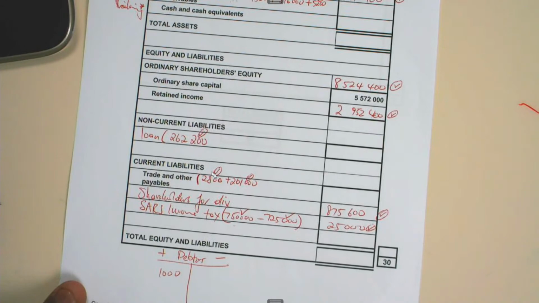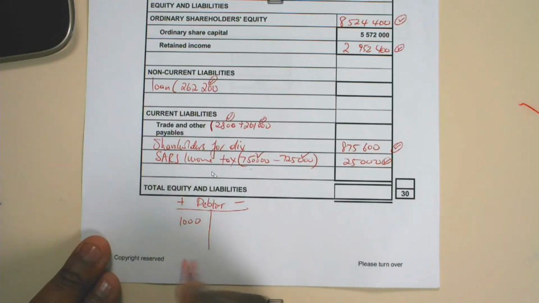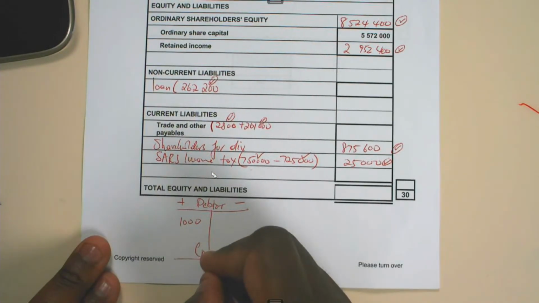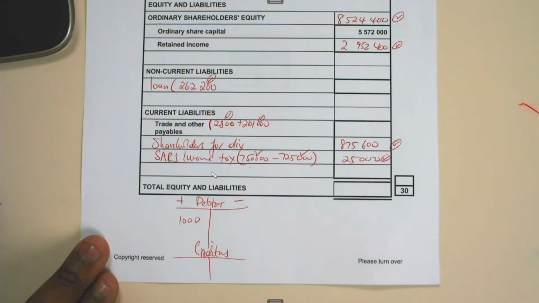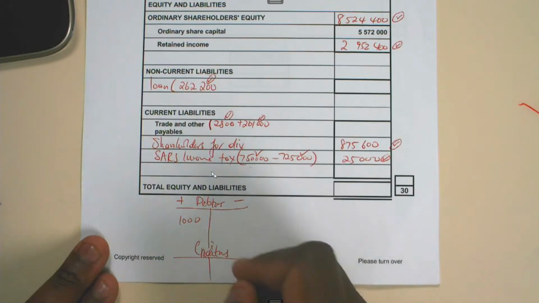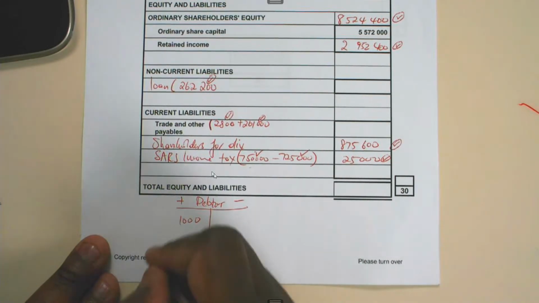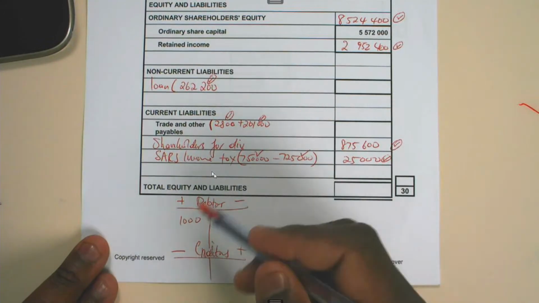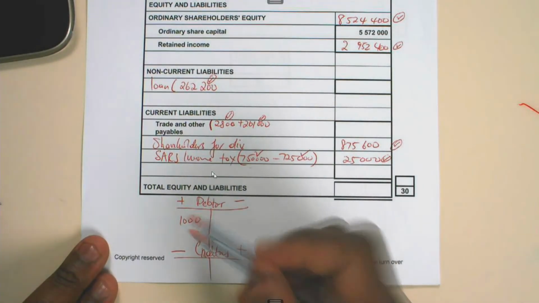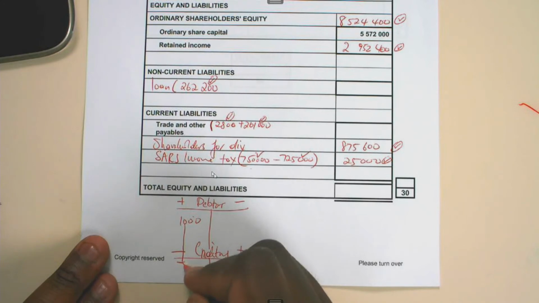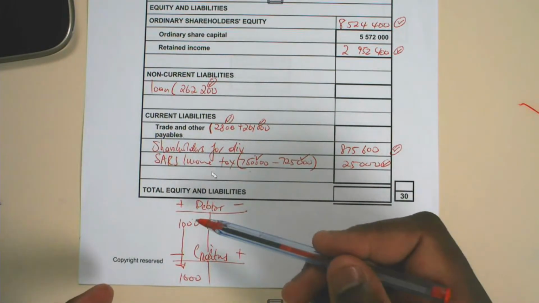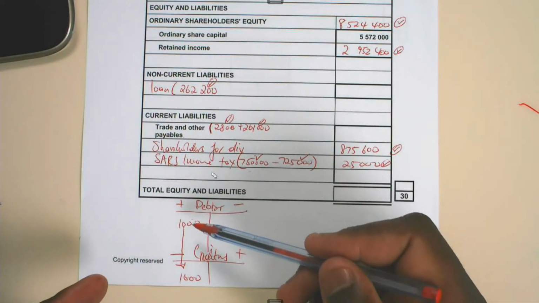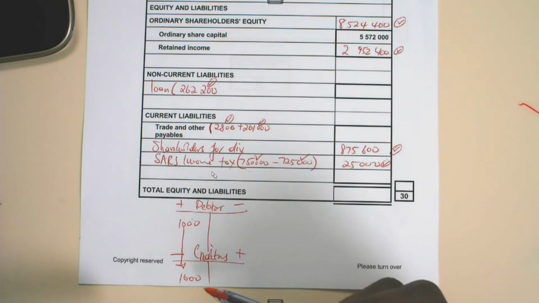Now, it has to be transferred to the creditors ledger. Creditor is a liability account. It increases on the credit side, decreases on the debit side. Now, when you transfer this debit balance to the creditor, on the side of the debtor it is positive, and on the side of the creditor it is negative.